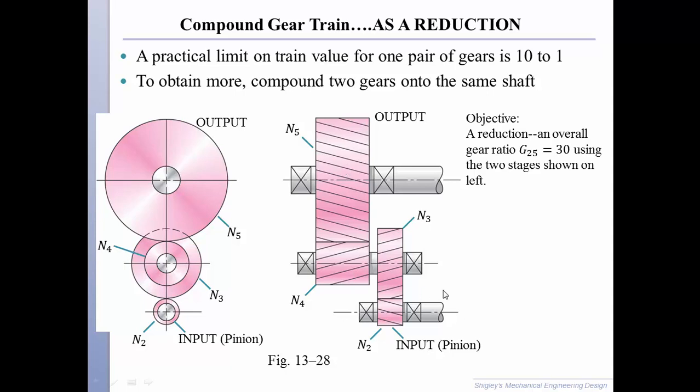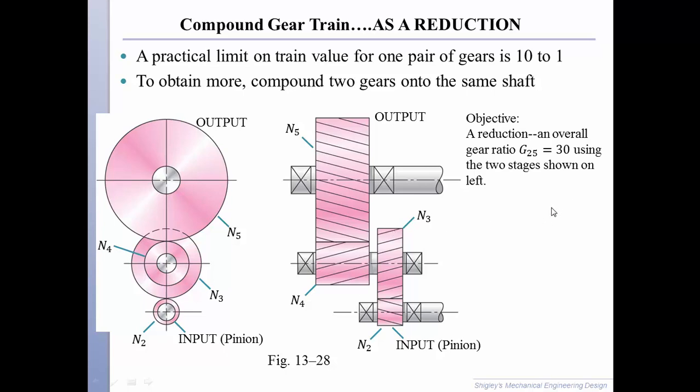It's a compound machine, and it looks like a reduction because I've got N2 smaller than N3, and at the same speed N4 is smaller than N5. So what we're going to do is try to achieve a gear ratio of 30 using these 2 stages, with 2 as the input and 5 as the overall output.